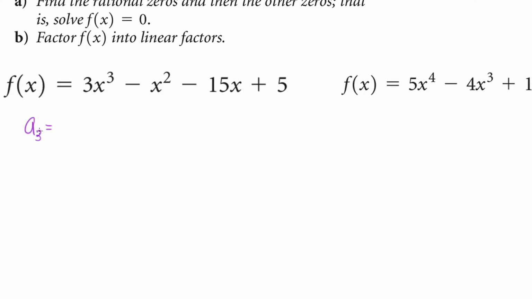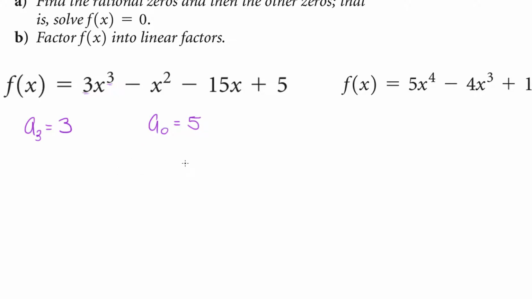And then a sub 3 is going to be the coefficient of x cubed, which is 3. Okay? This is the coefficient, this is the exponent. Now, a sub 0 is this number right here, okay? In this case is 5. Is the only number that has no x, okay?